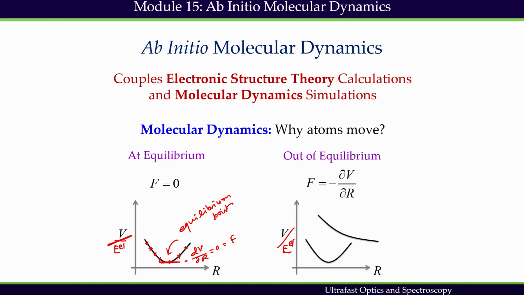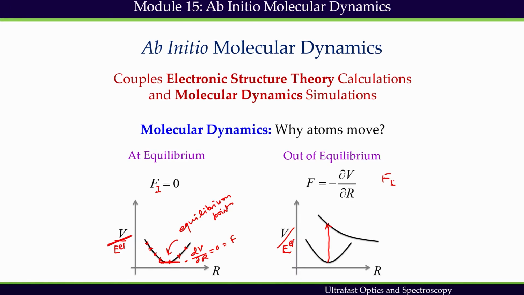So at equilibrium, the force F I on the ith nucleus is going to be 0, and out of equilibrium this force is not going to be 0. For example, when we excite a molecule to the electronically excited state, it reaches a potential energy surface which is entirely different from the ground state potential energy surface.